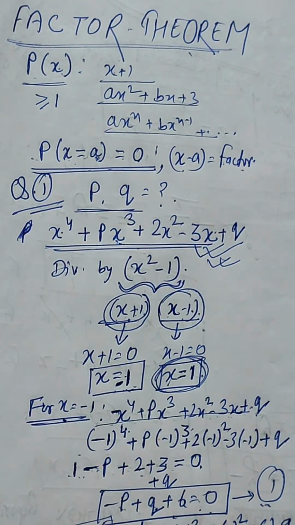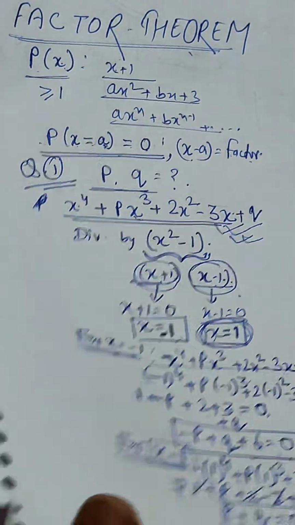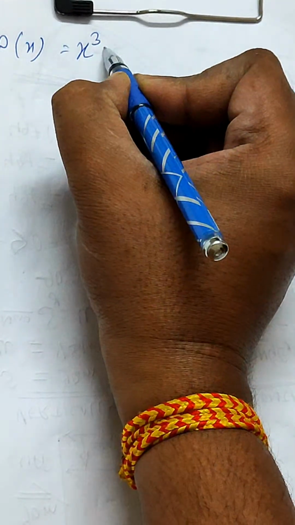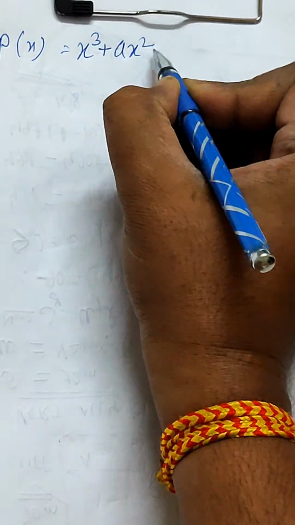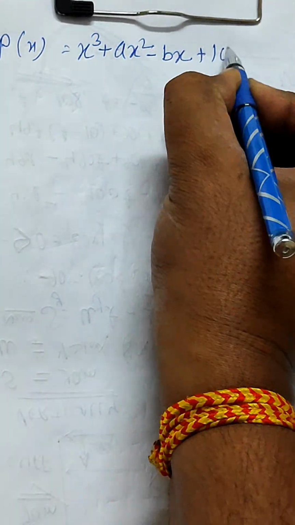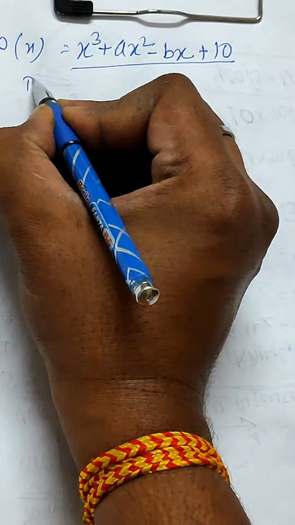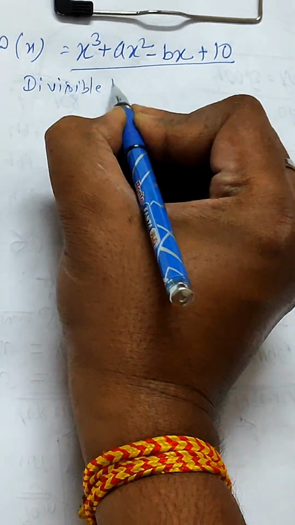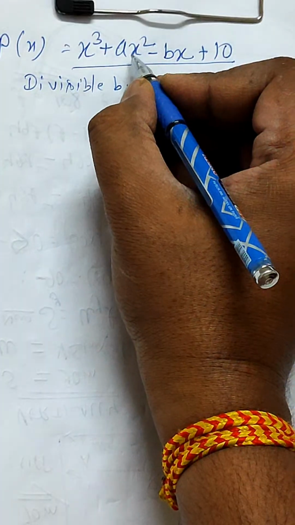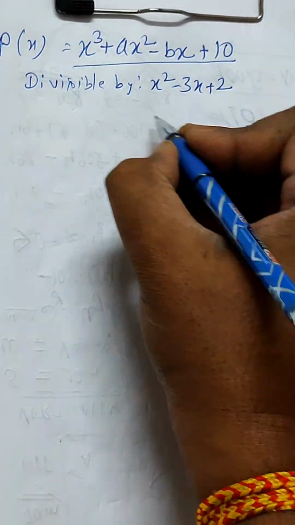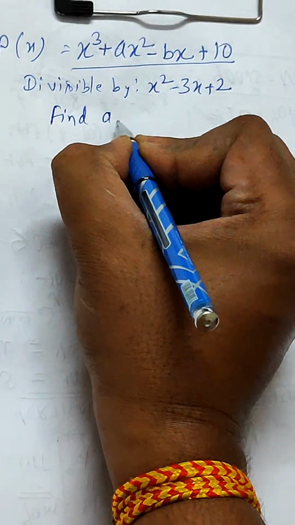The second question which we have taken for clearing the concept of the factor theorem is: if the polynomial x cube plus ax square minus bx plus 10 is given to you, and this polynomial is divisible by x square minus 3x plus 2, then find the values of a and b.